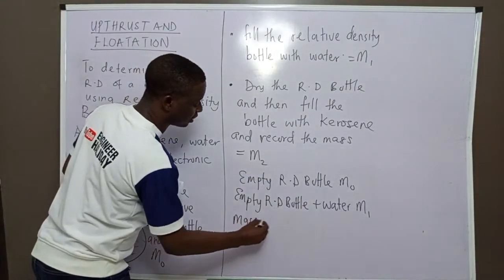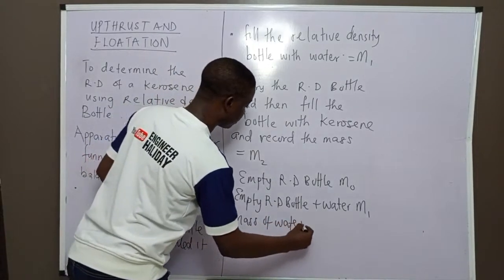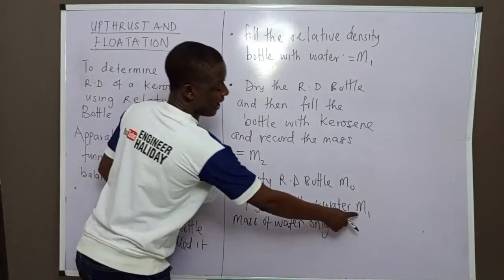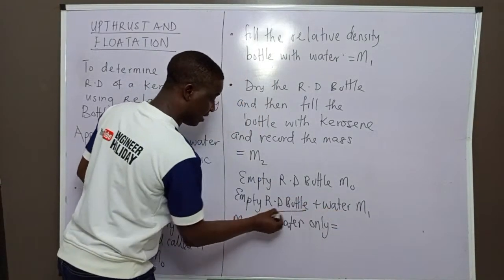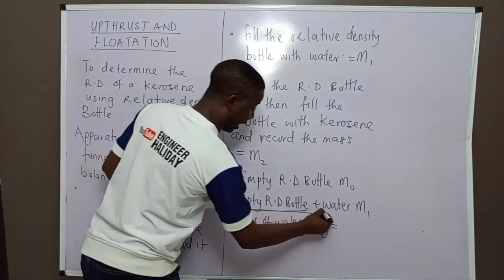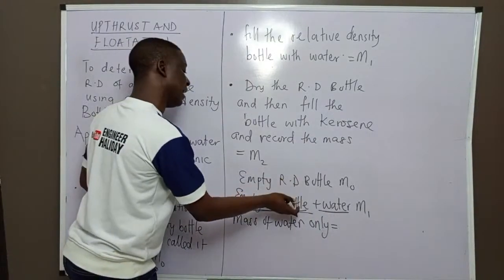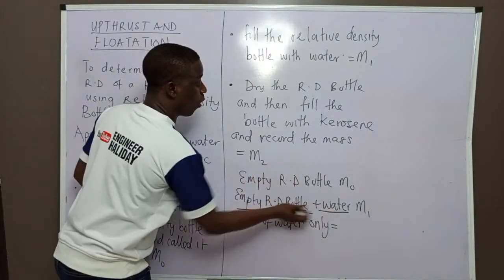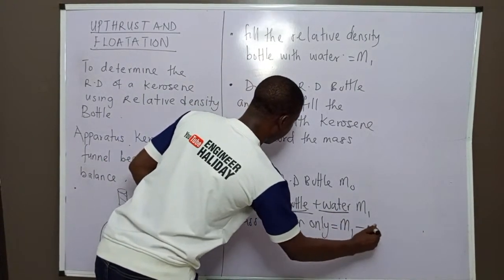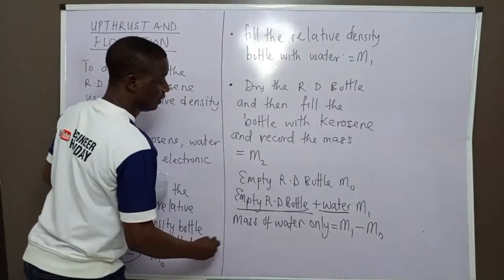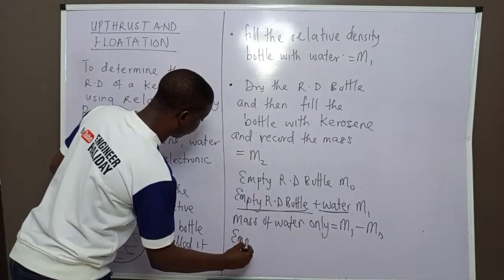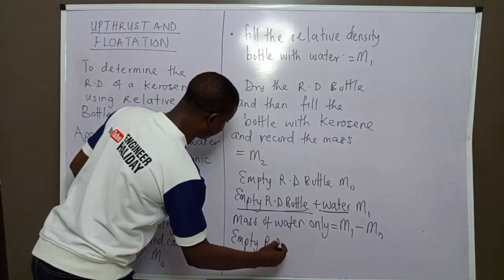So the mass of water only will now be equal to M1, you subtract, because this one is the mass of the relative density bottle, empty bottle plus water. So when you now remove this empty bottle from the combination, what you are going to have is M1 minus M naught, which will give us the mass of water only.